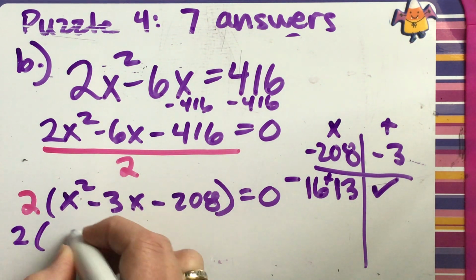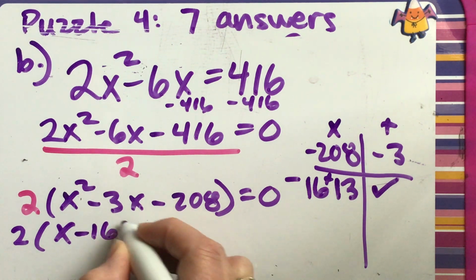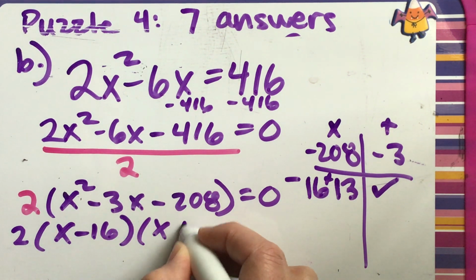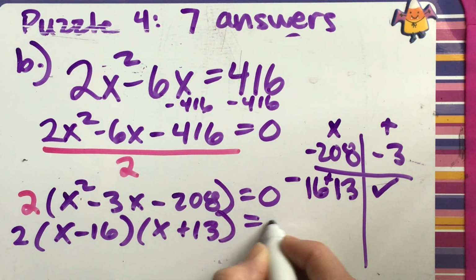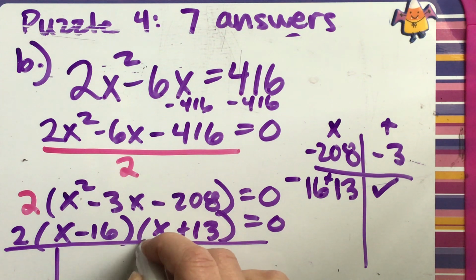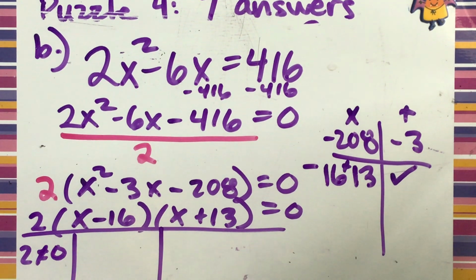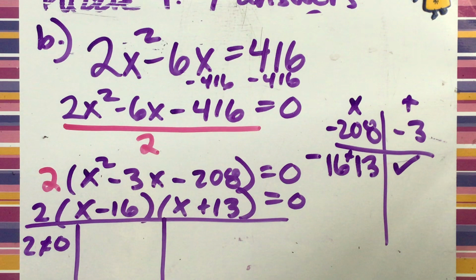So I'm going to rewrite this now. X minus 16 and x plus 13 equals 0. And now I'm going to find my solution. Set that all to 0. So remember, whatever you factored out is not going to be a solution.